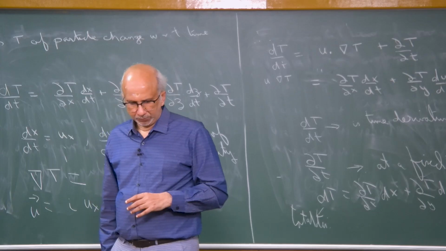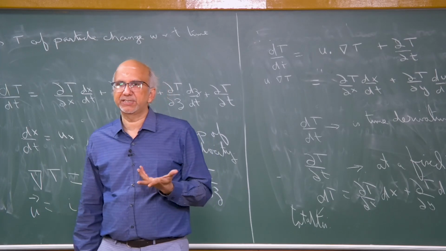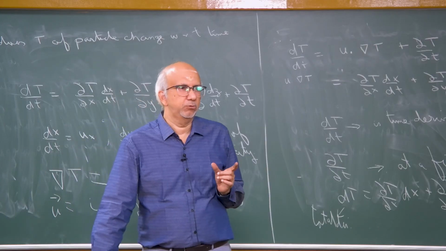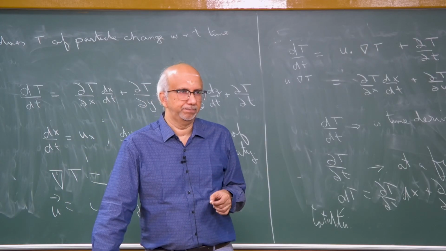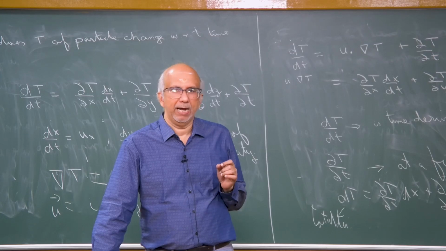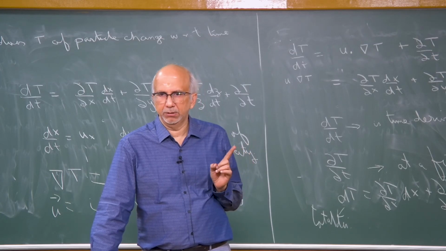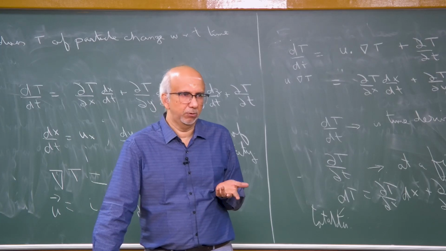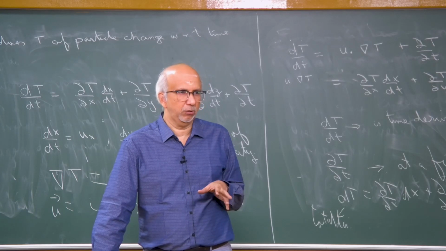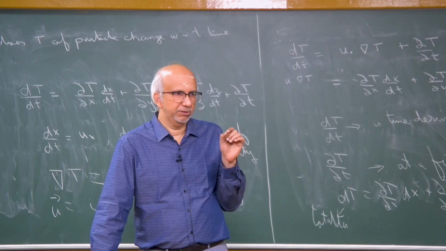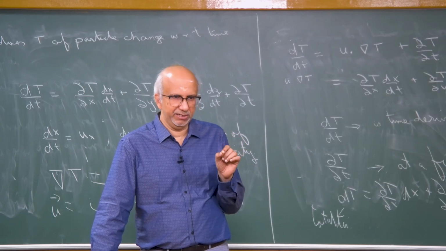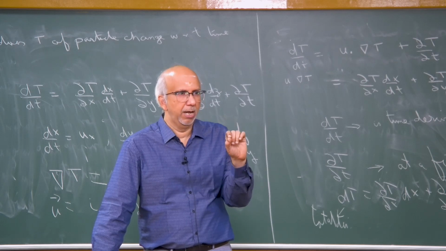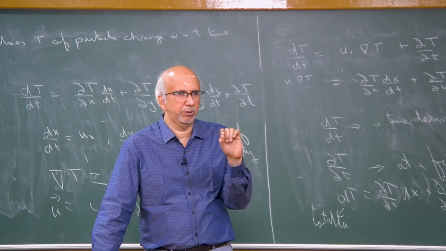Now when you talk about steady state, we mean that things do not change with respect to time, and you can see that there are two time derivatives. Which time derivative are we talking about? The time derivative we are talking about is the partial derivative. When I say steady state, I mean at a fixed point I am making a measurement and that is not changing with respect to time.